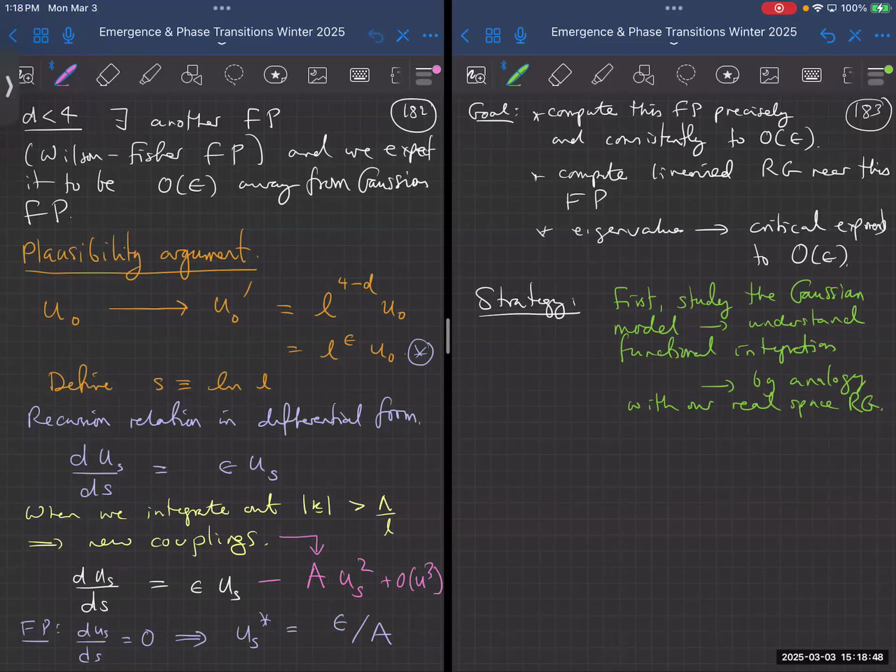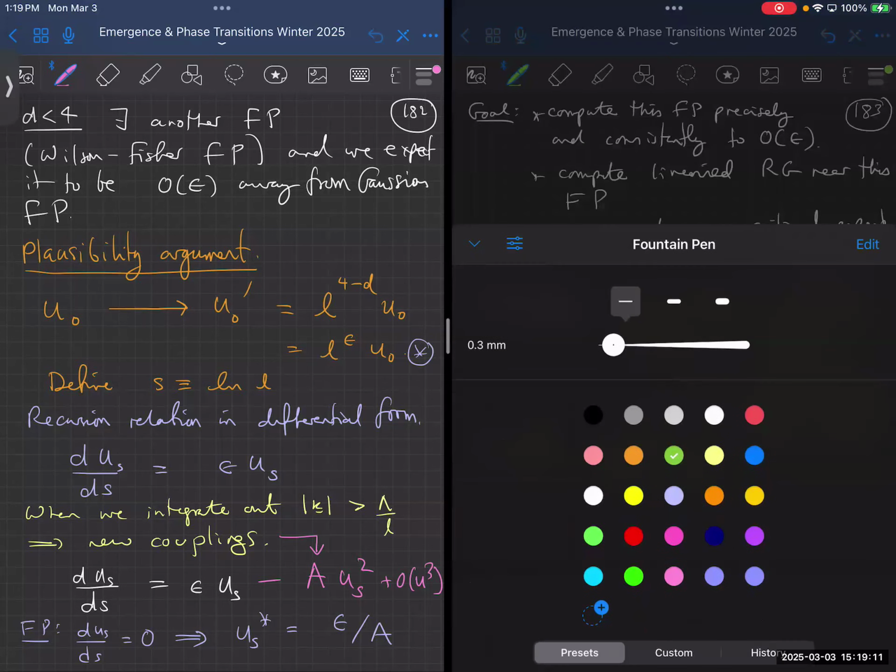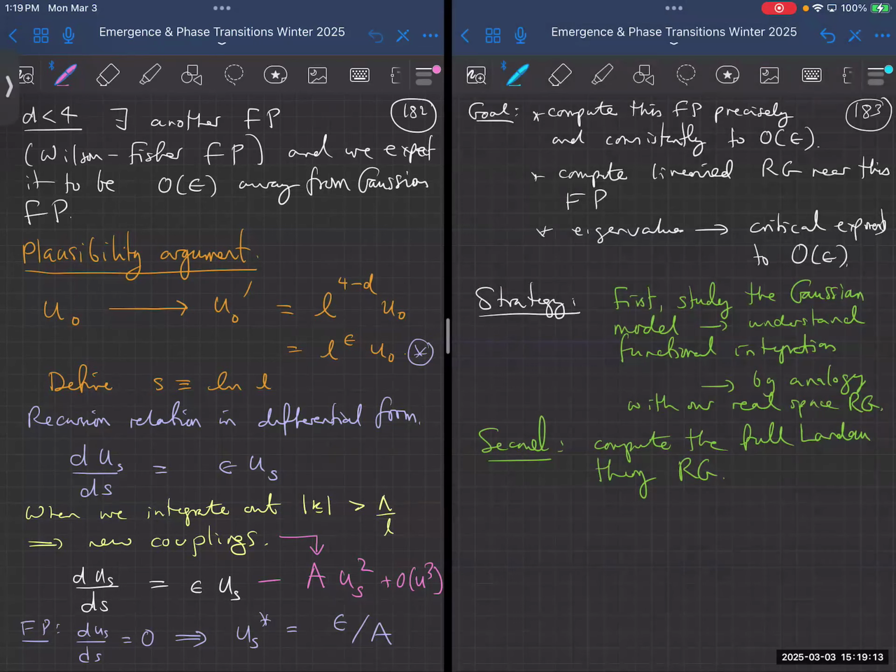And the second thing that we're going to do is then compute the full Landau theory renormalization group. Okay, so any questions about where we're going before I get into the details of the calculation?